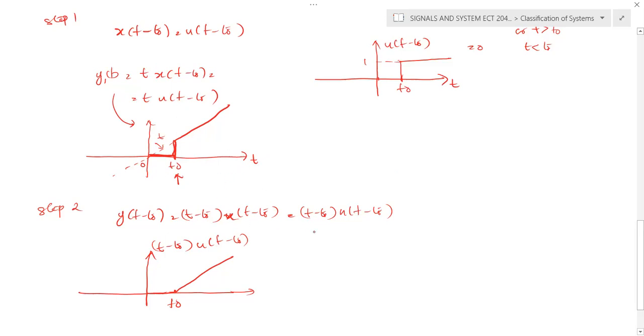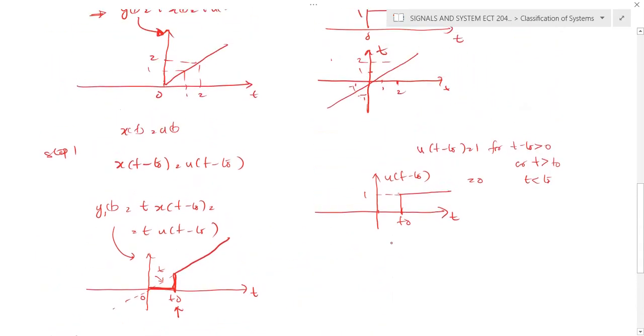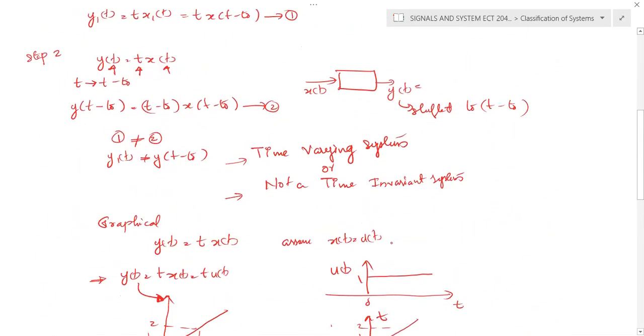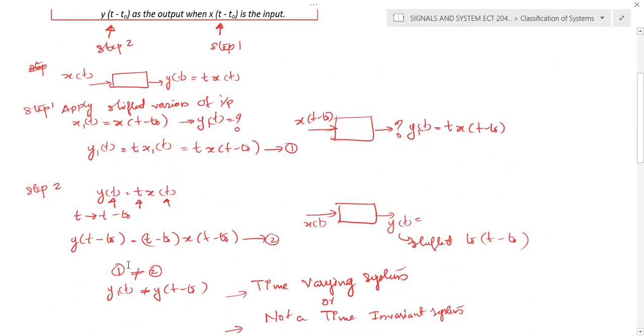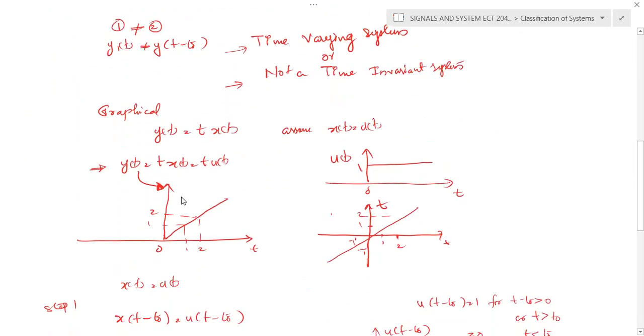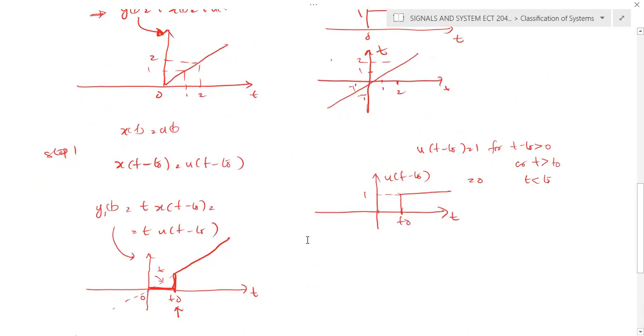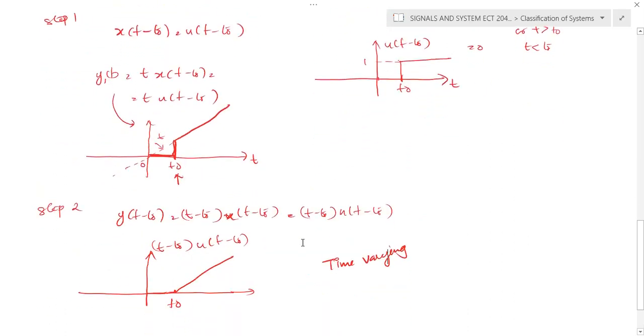But unfortunately, this is a time varying system. Okay. So you don't have to draw the graph from an exam point of view. You can explain by using the mathematical equations. This is only to understand the concept. Okay, now we'll see another problem.